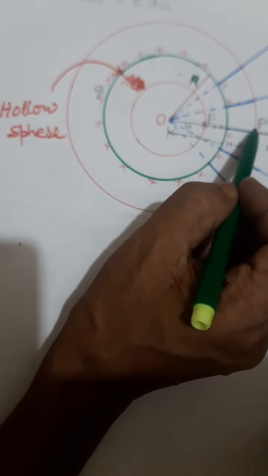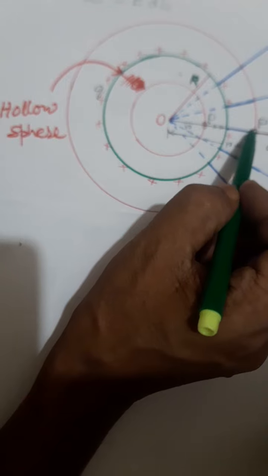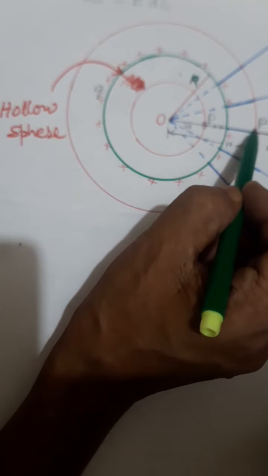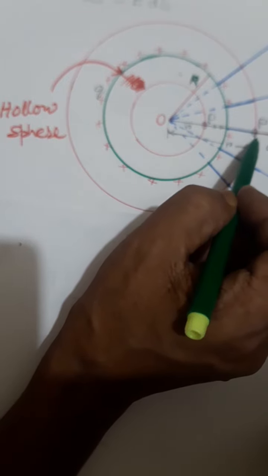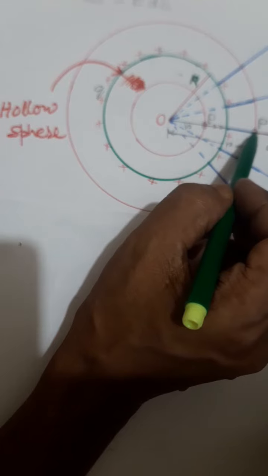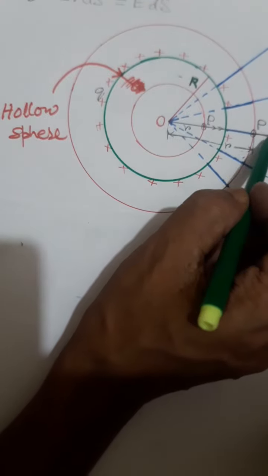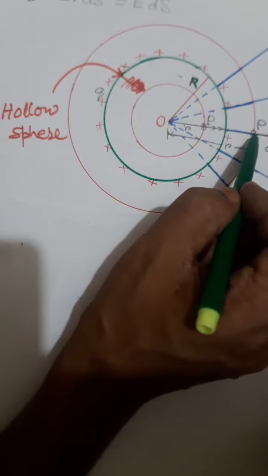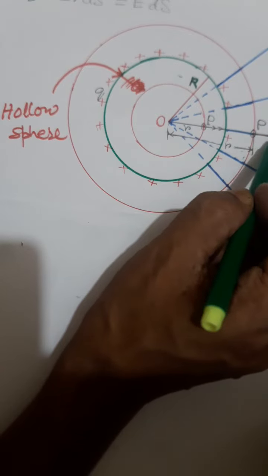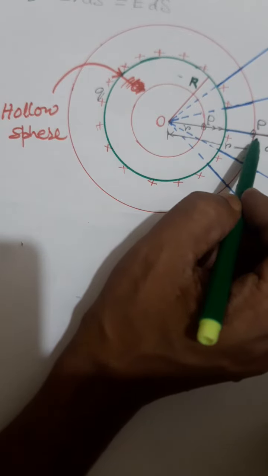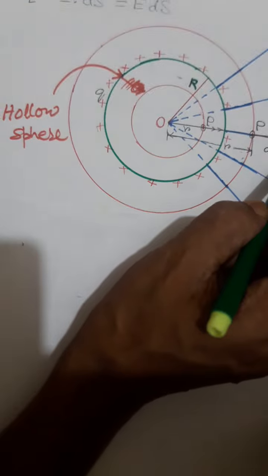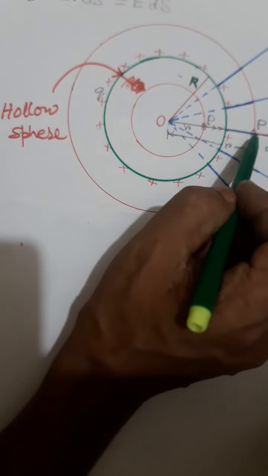We then imagine a small area, a differential area dS at P. The normal to this differential area is along the electric field. It is also normal to the surface. That is, the direction of E and dS is the same.